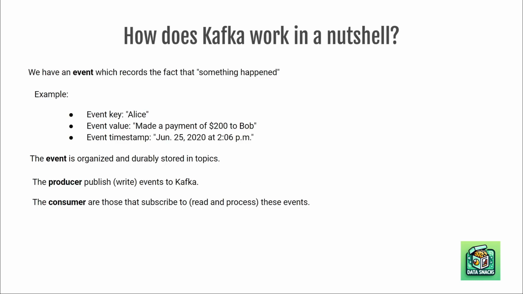Next, we are reviewing how Kafka works in a nutshell, where we have an event, which records the fact that something happened. For example, we have this event here. We have the key, the value, and the timestamp. Alice made a payment of 200 to Bob, and a complete timestamp.